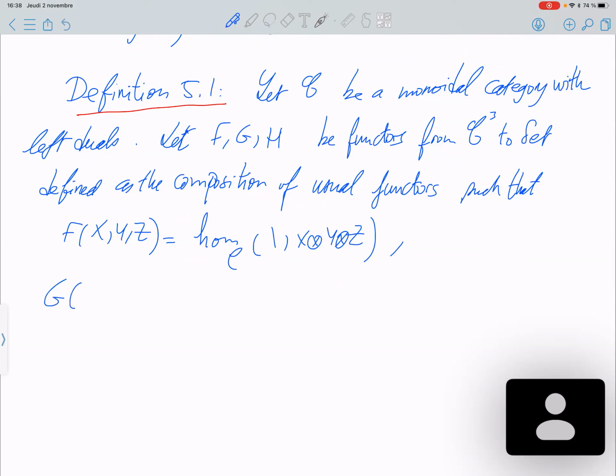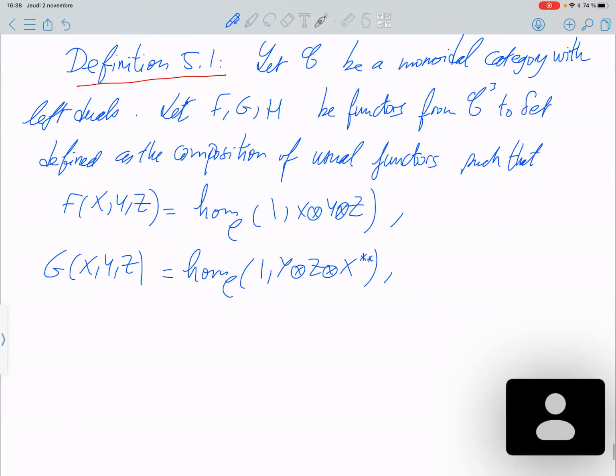G of x, y, z is Hom_C(1, y tensor z tensor x double star).